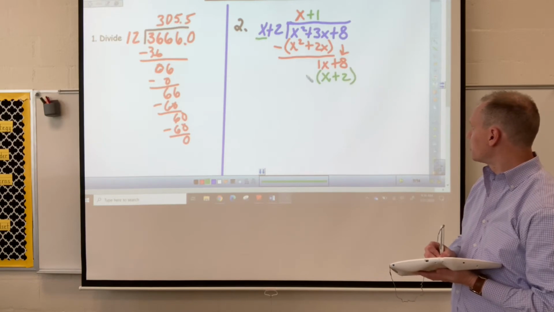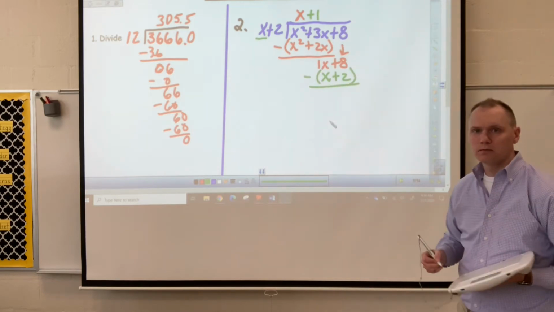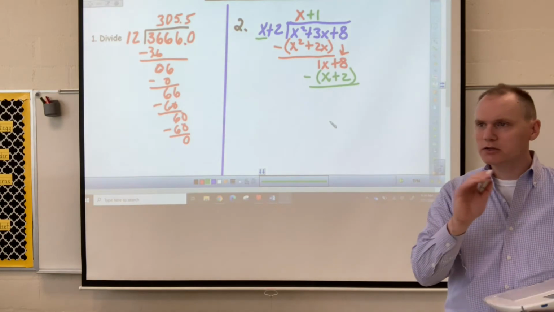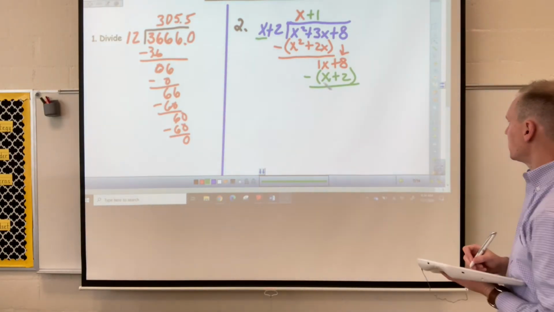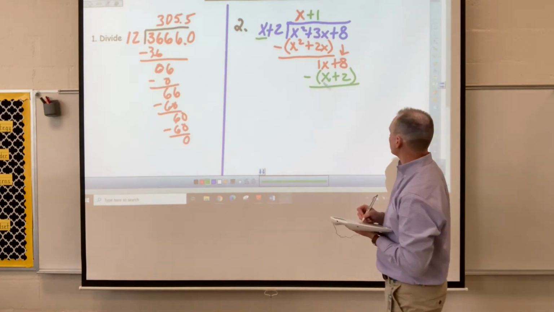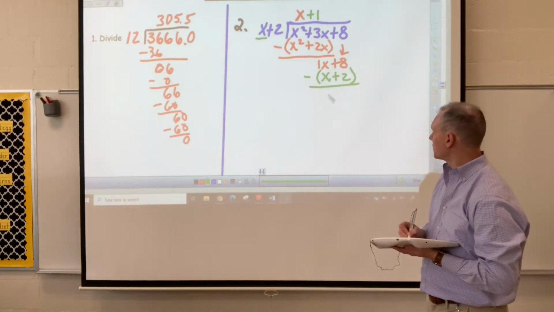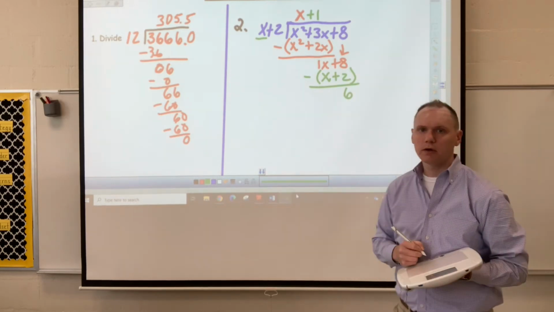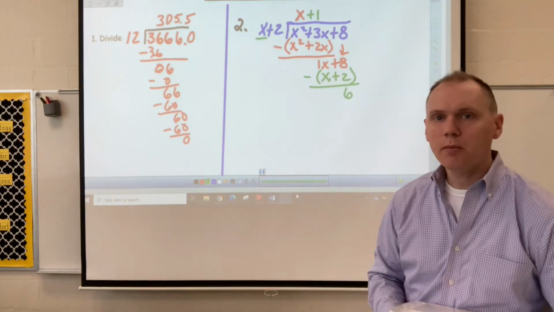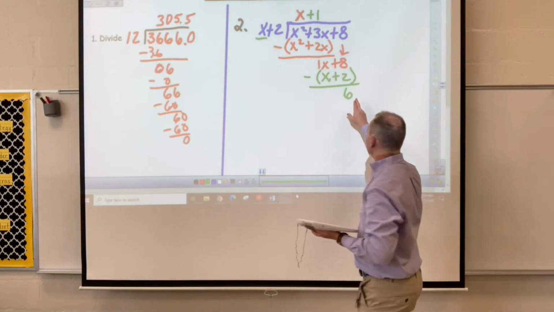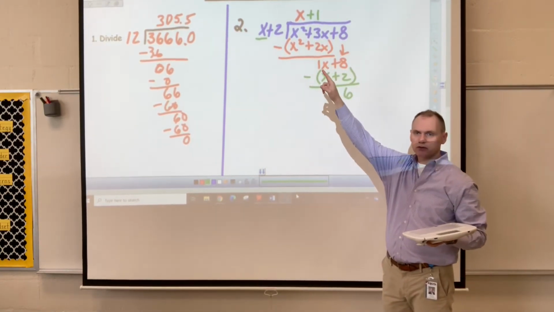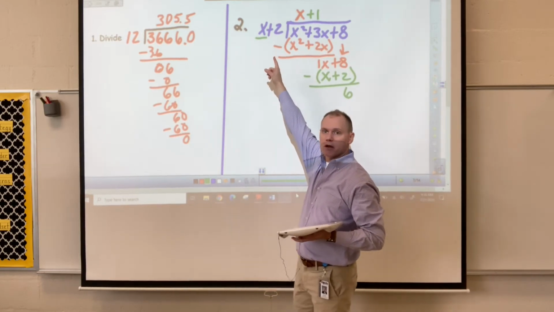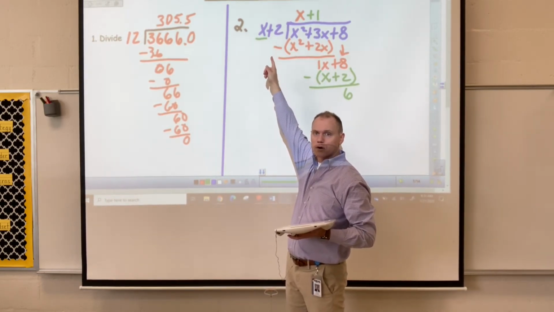And then again, we're going to put parentheses around the whole thing and subtract. Do not try to just mentally distribute that value. I will just go ahead and subtract and think about it every time. So x minus x is nothing. 8 minus 2 is 6. Okay? Once we end up with a degree less than that of the divisor. So the divisor, the highest power of x there is 1, right?